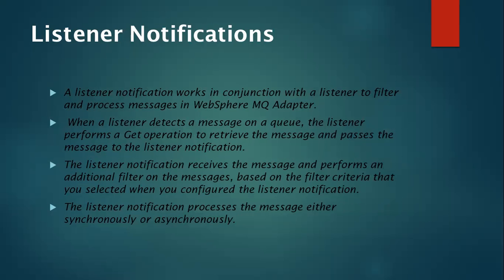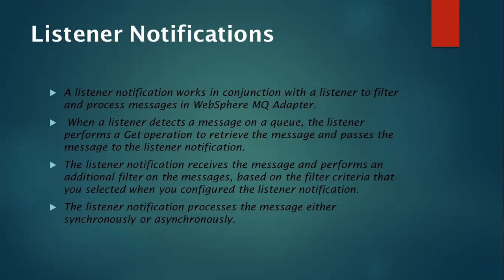Whenever the listener detects a message on the queue, it performs a get operation to retrieve the message and passes it to the listener notification. The listener notification receives the message, performs additional filtering on the messages, and will either process the message synchronously or asynchronously.